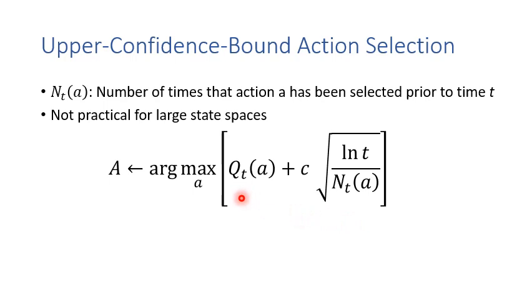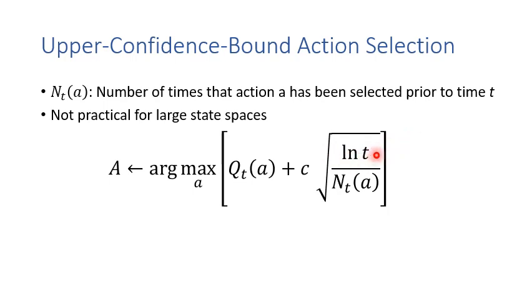In addition to the original action value function Q_t, we add a term that involves the log of t. t is the time, so this term increases slowly, right?